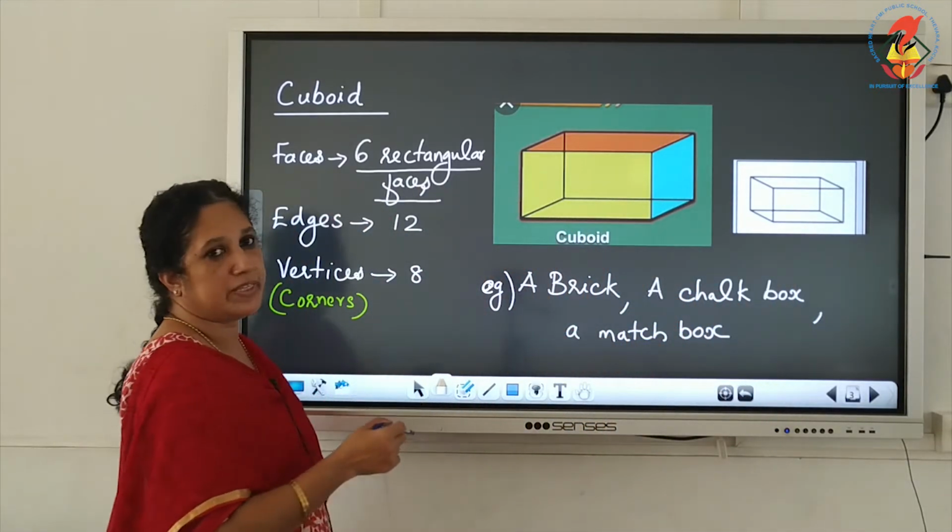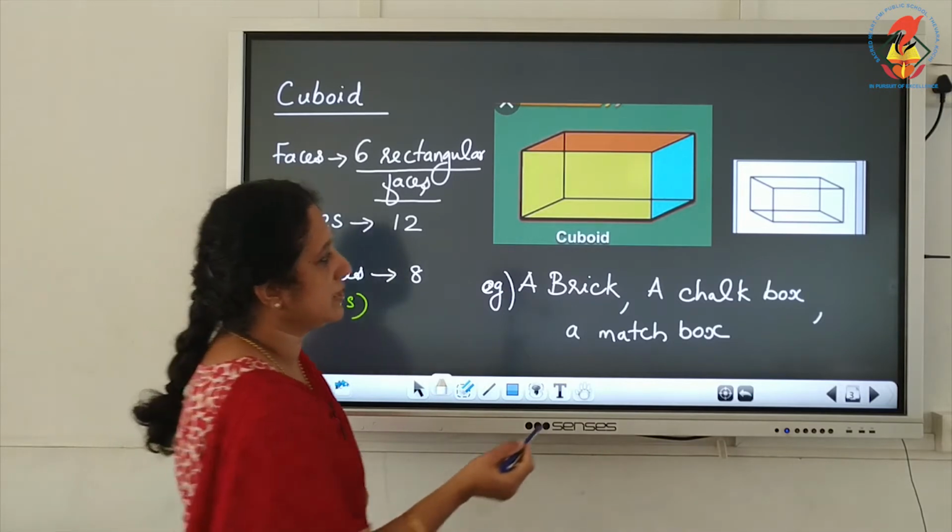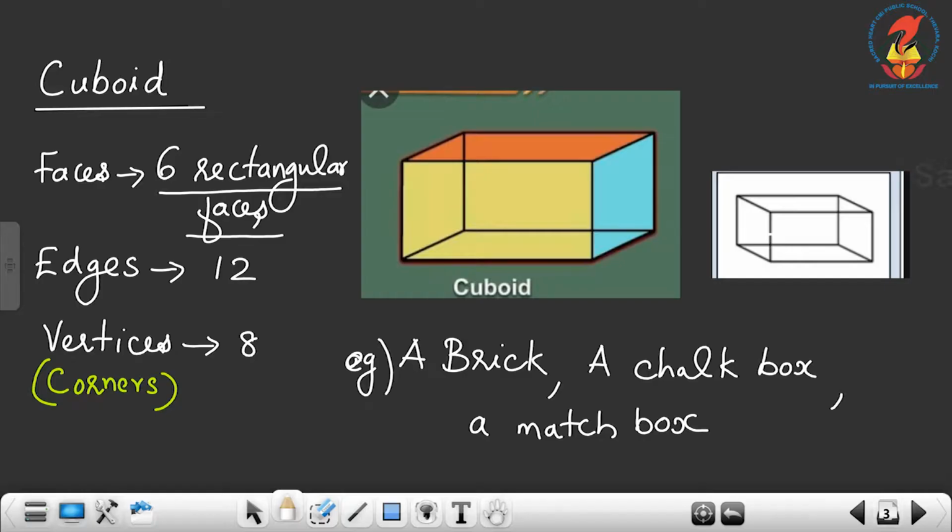And we can count the number of edges also: 1, 2, 3, 4, 5, 6, 7, 8, 9, 10, 11, 12. So we can see that there are 12 edges.